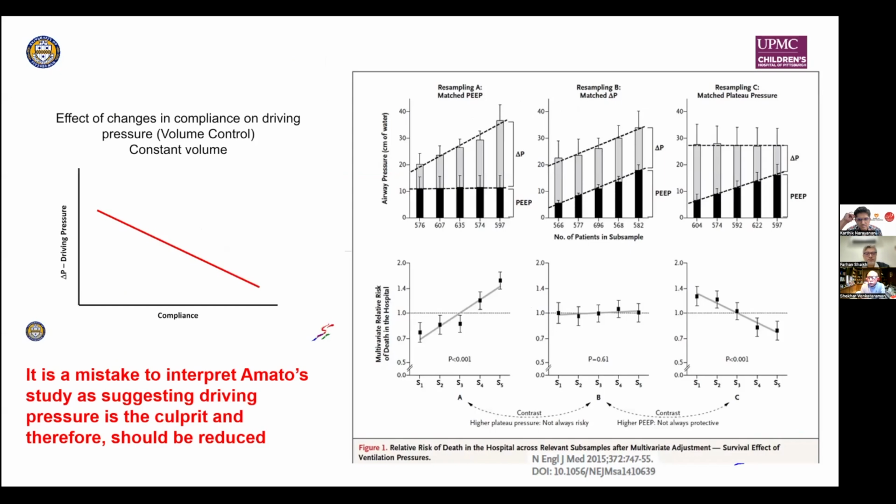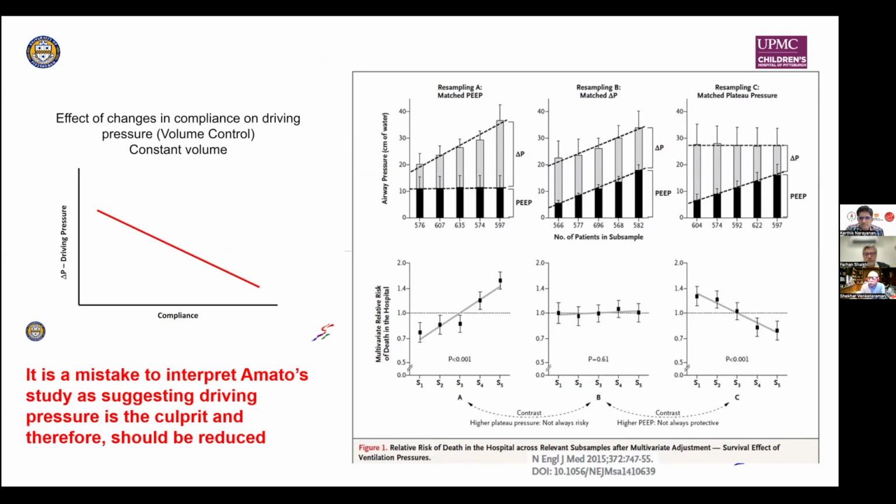This slide shows on the right-hand side the famous Amato study showing the association between driving pressure and mortality. But he also showed that when you match patients for PEEP, then an increasing driving pressure was associated with increasing mortality.